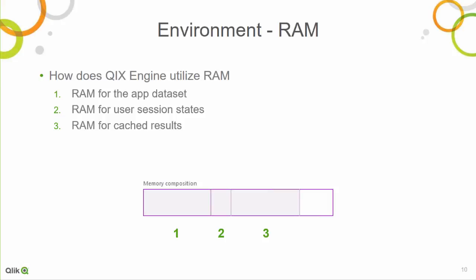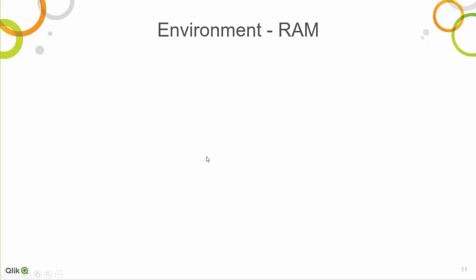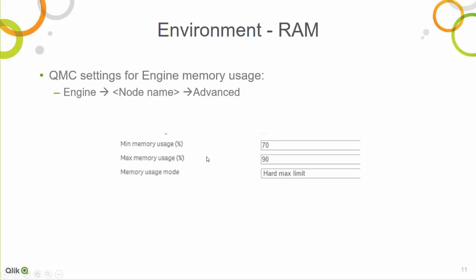However, if the engine needs to release some memory dynamically for some reason, the cache memory will be purged based on some criteria. The next slide will show you the place to configure this cache memory. In QMC, you will have these settings. It allows you to configure the criteria to manage the cache memory.